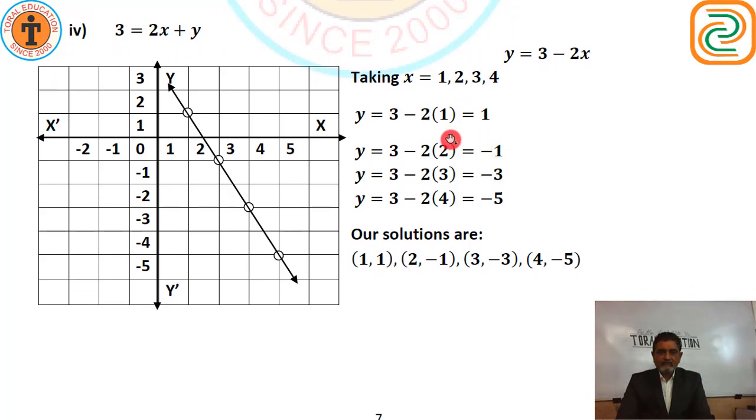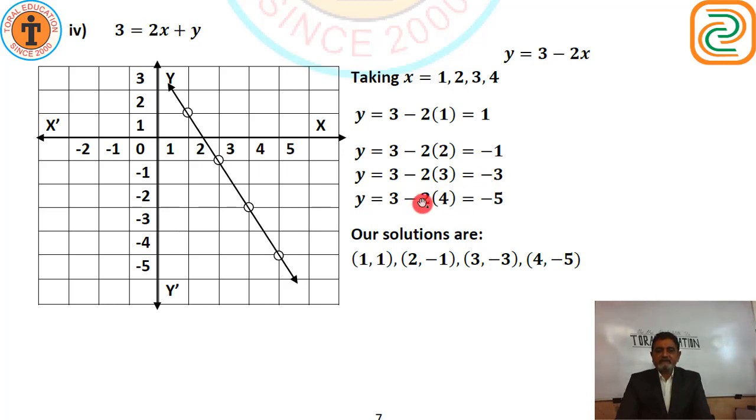Now, when we took y equals 3 minus 2 into 1, that is this one, we got 1, because 3 minus 2 is 1. 3 minus 2 into 2, that is 3 minus 4, minus 1. 3 minus 2 into 3, that is 3 minus 6, equals minus 3.